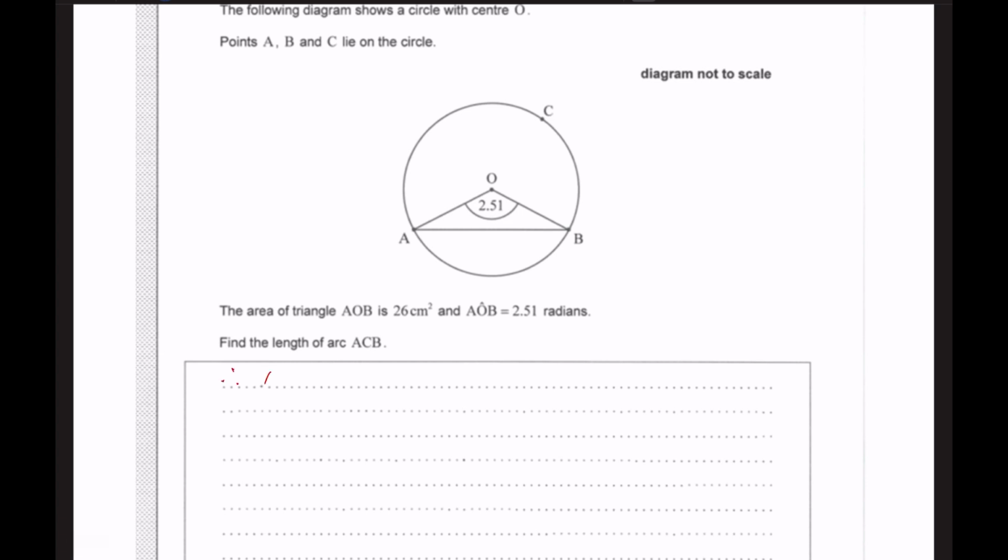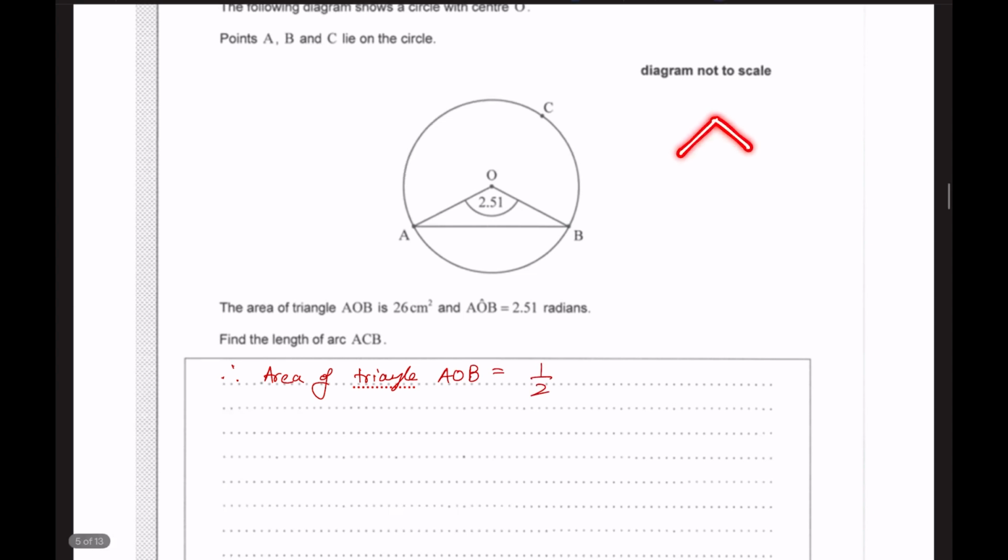So for this triangle, area of triangle AOB will be half ab sine theta. For any triangle, if you know two sides and the angle between them, area is half R1 R2 sine theta. So here also, this side length is R, this is R, the angle is 2.51 radians.